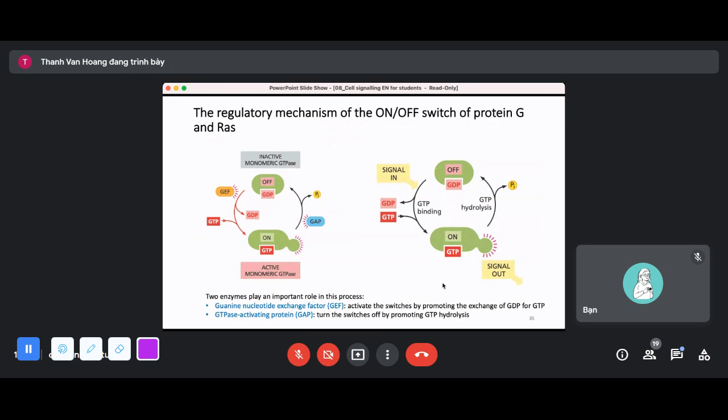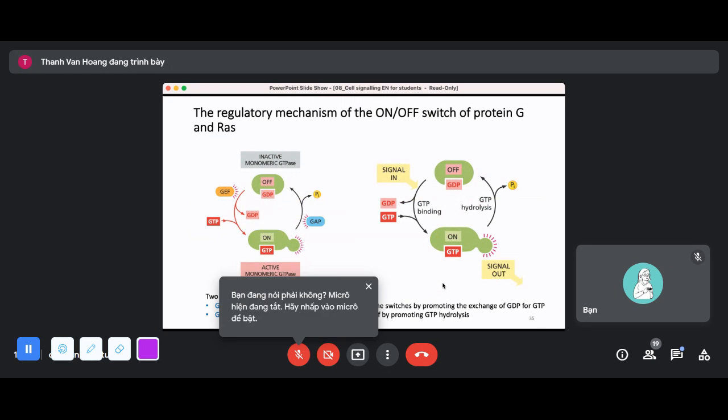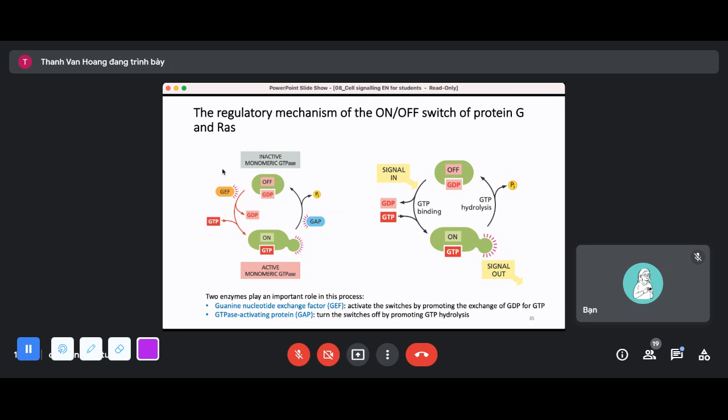Now let's talk about the regulatory mechanism of the G protein system, and also the small G protein, RAS. Here, as I told you in the previous slide, is the mechanism of how RAS is regulated. You remember this. Here you can see the RAS molecule. It is inactive because it's bound to GDP.